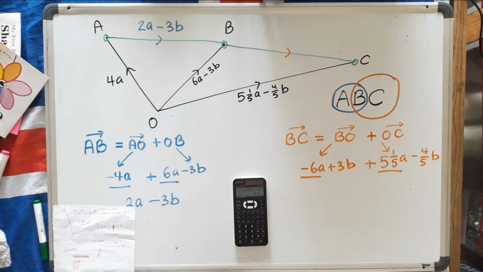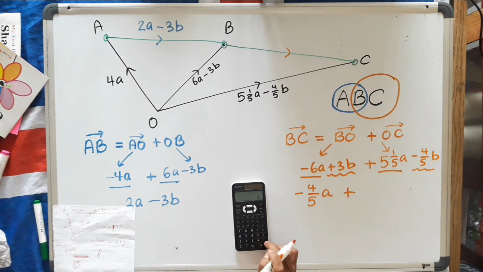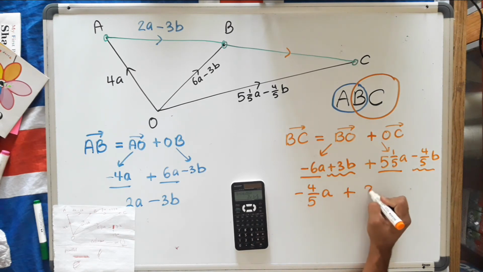Well, I should have been able to do that in my head, but I get so dependent on the calculator. Minus 4/5 A. Let's add up all the B's. 3B minus 4/5 B. 3 minus 4/5. That's 2 1/5 B. All right.